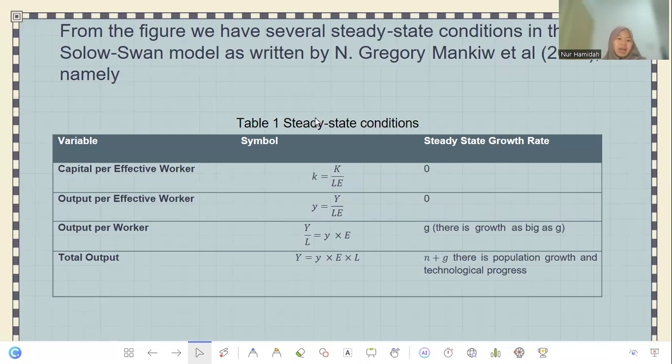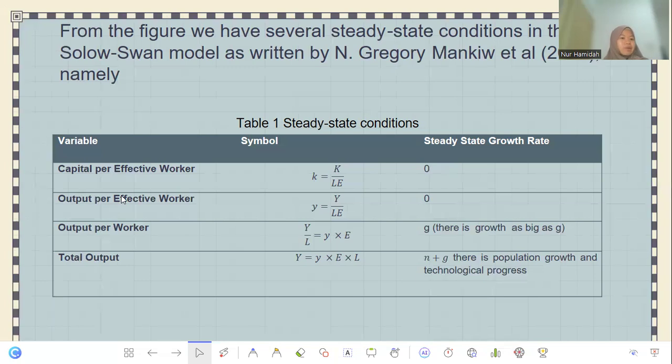Namely, the variable capital per effective worker, with the symbol k equals K per L times E, has a steady state growth rate of 0. Then the variable output per effective worker, with the symbol y equals Y per L times E, has a steady state growth rate of 0 also.